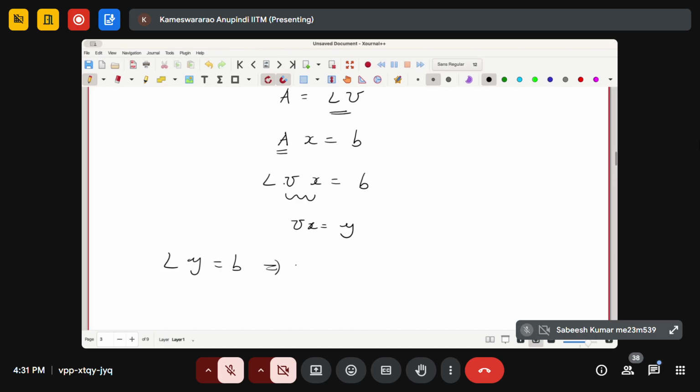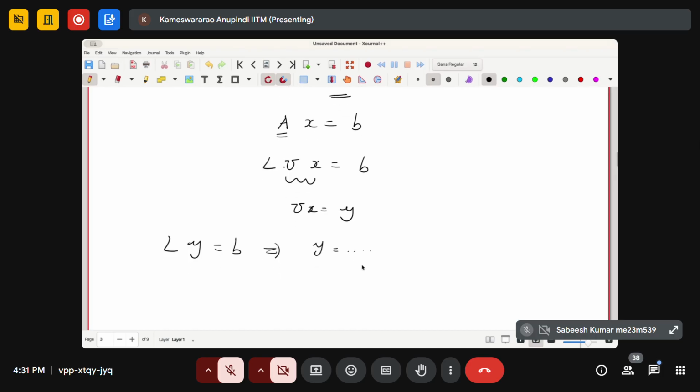Then we solve for Y from here. Once I know Y, I solve U times X equals Y for X, right? Initially I started off saying I want to calculate X. Now X is obtained by simply doing Ly equals B and then Ux equals Y.